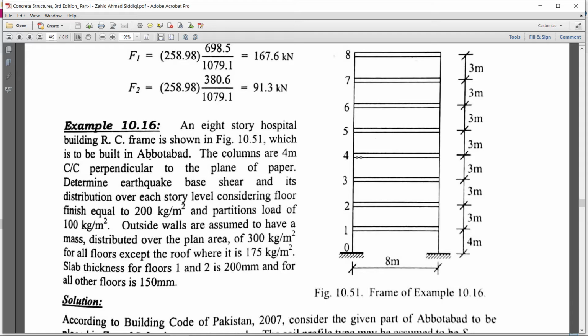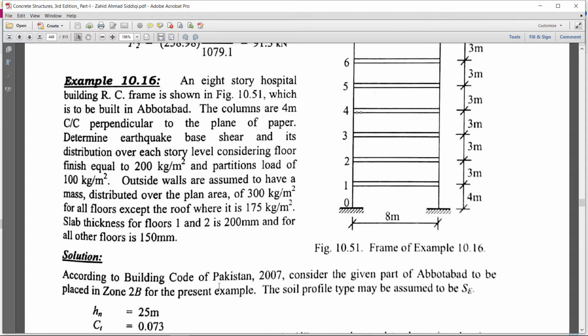In America you can see the UBC graphs, UBC tables, or depending upon your city, you can find the zone factor. Now Ahmedabad city, according to the building code of Pakistan 2007, consider the given part of Ahmedabad to be placed in zone 2b for the present example.